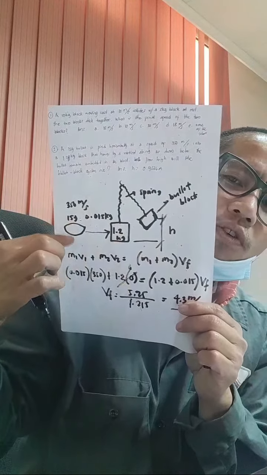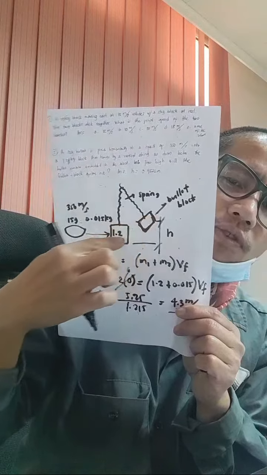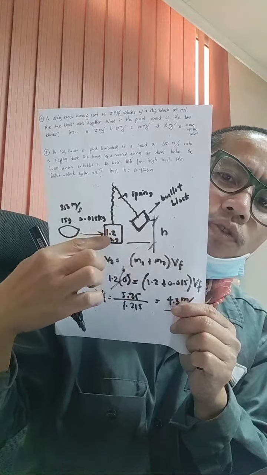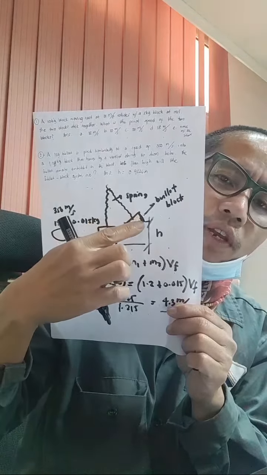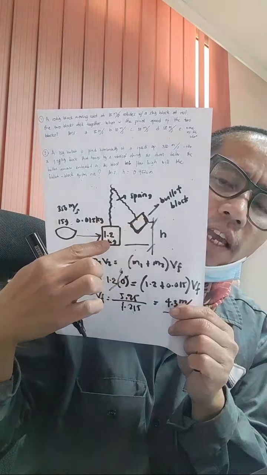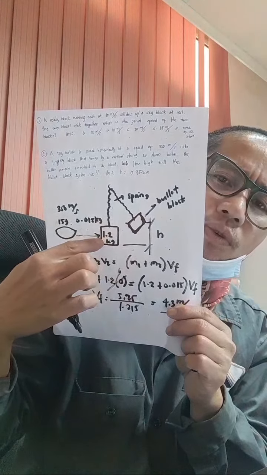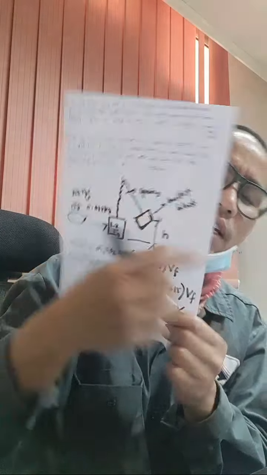We don't focus on the start anymore, because the event is focusing on point 2 and point 3, final. So the mechanical energy at point 2 is equal to the mechanical energy at point 3, because it is moving.